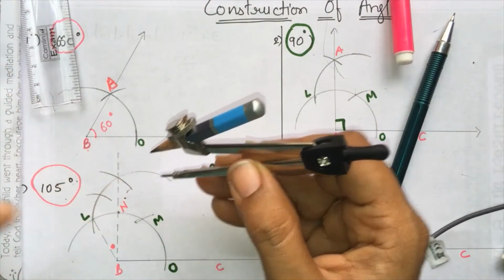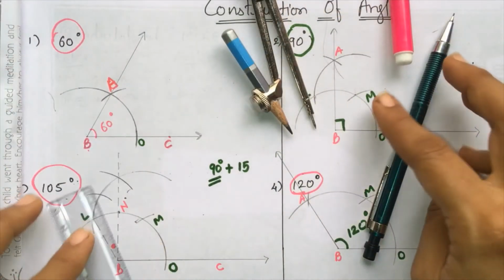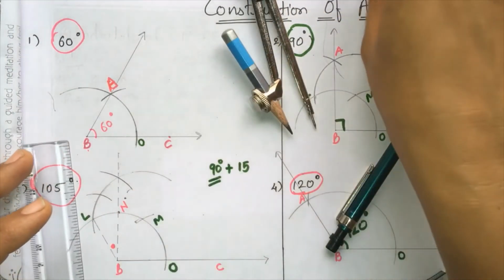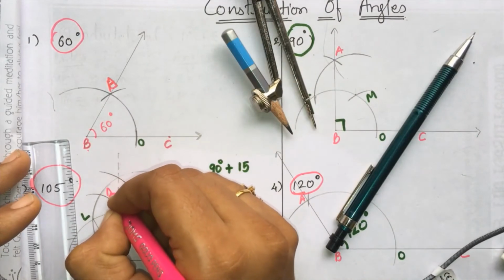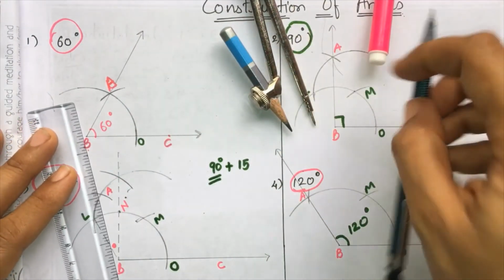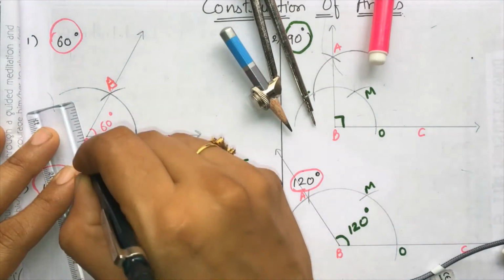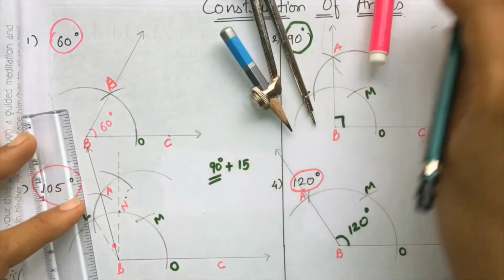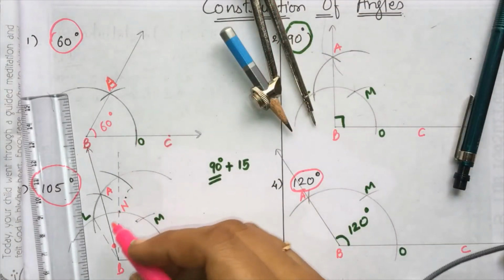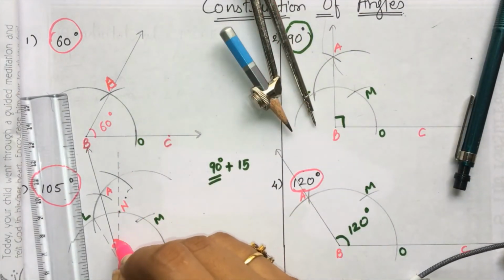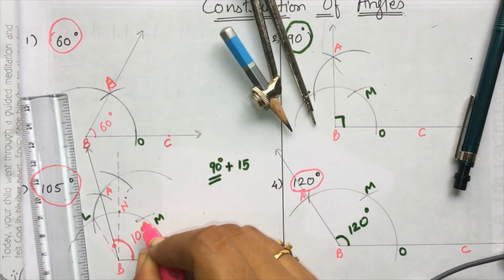Now this point of intersection we will name as A. So this angle is 105 degree.